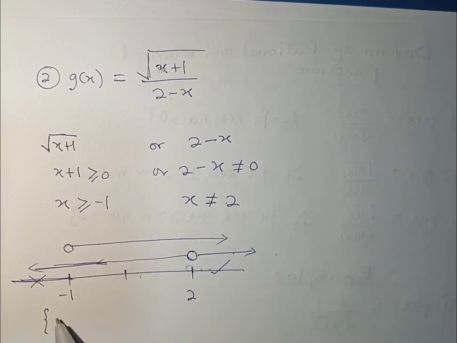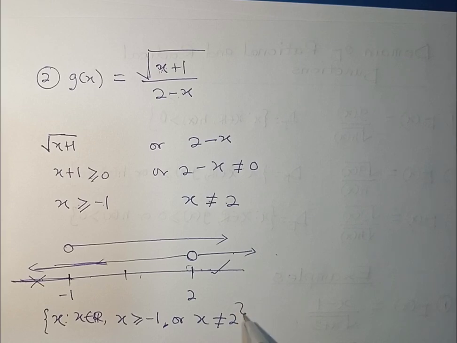If that is the case, then I can conclude that this is true except the 2. So I can just write, therefore my domain is given as x belonging to the set of real numbers such that x should be greater or equal to -1, and x shouldn't be equal to 2.